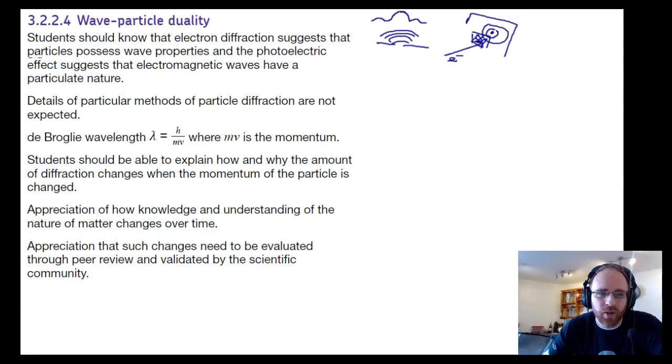Our photoelectric effect, so earlier on when we had electrons on the surface of the atoms and photons coming in, because we get this one-to-one interaction between electrons and photons to pop them off, we know that photons must behave like particles.